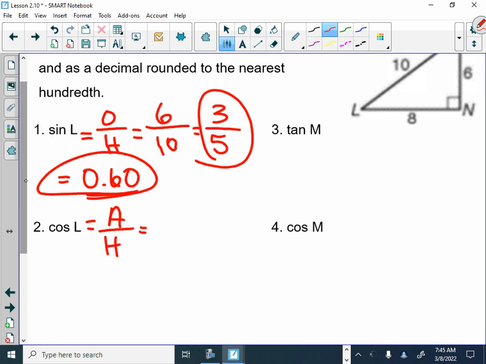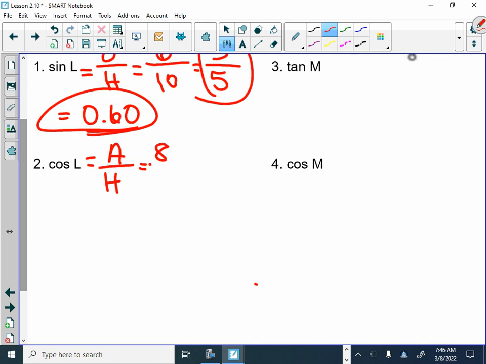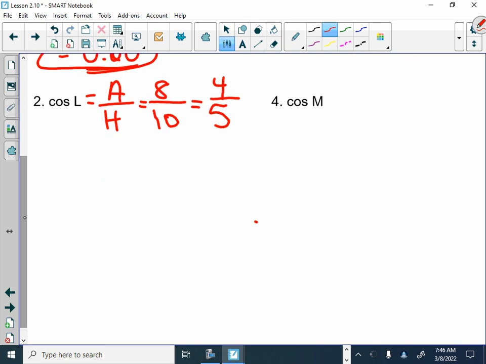Good. And my hypotenuse is still 10. Once again, I need to reduce that fraction. Divide both by 2. What is 8/10 reduced? 4/5. And as a decimal, what is that? 0.80. Good.